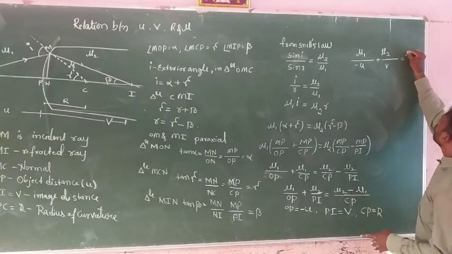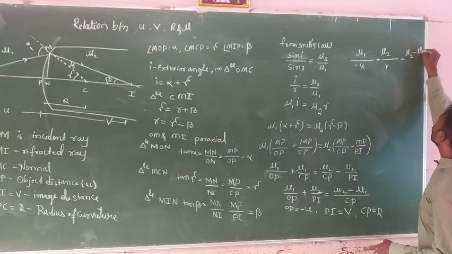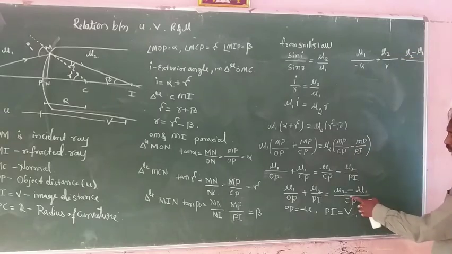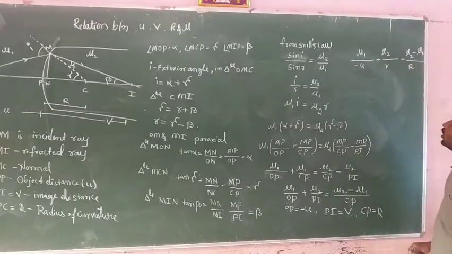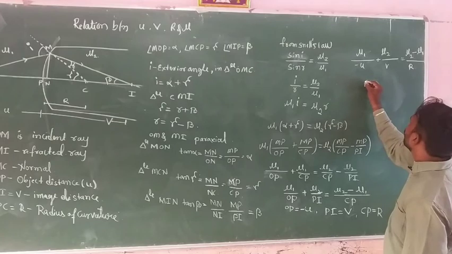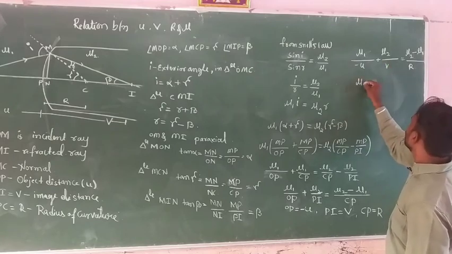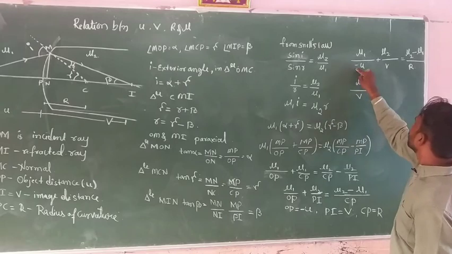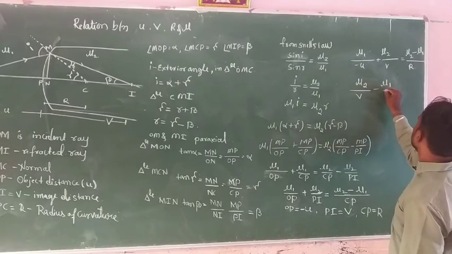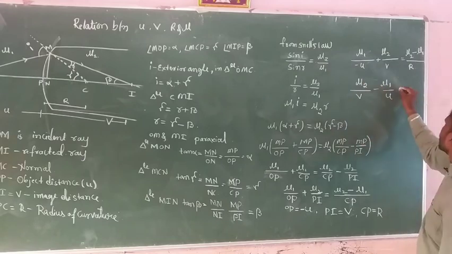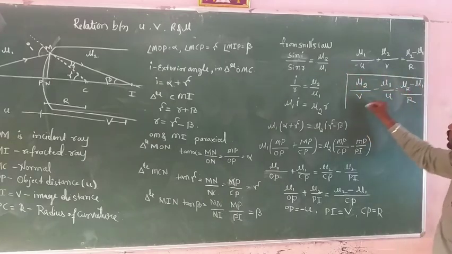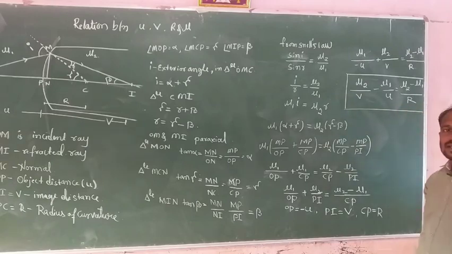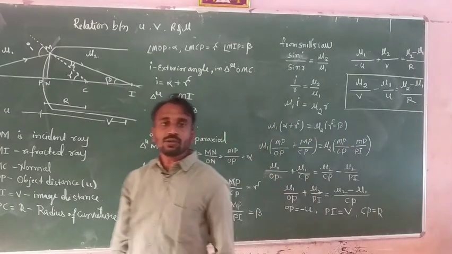And here mu2 minus mu1 divided by CP, CP meaning the radius of curvature. Just rearrange it: mu2 divided by V minus mu1 divided by U is equal to mu2 minus mu1 divided by R. So this is a relation between object distance, image distance, radius of curvature and refractive index.